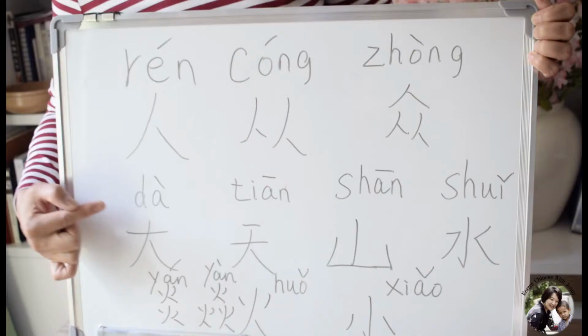Last time we learned a few basic Chinese characters. Let's quickly go through them. The first one, 人, person, 从, following, 众, crowd, 大, big, 天, sky, or a day, 山, mountain, 水, water, 火, fire, 炎, hot, 炎, very hot.